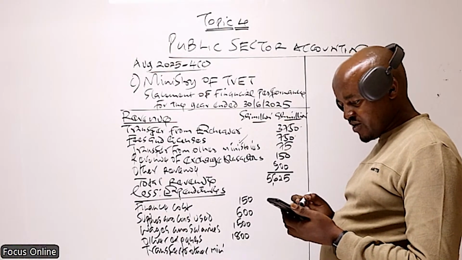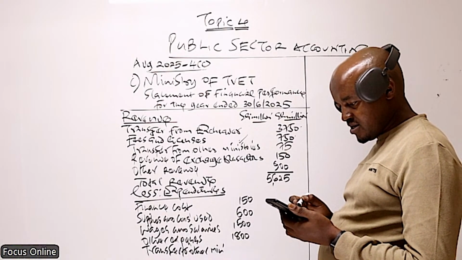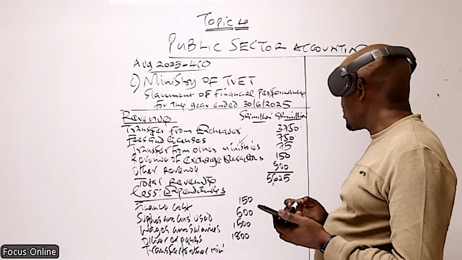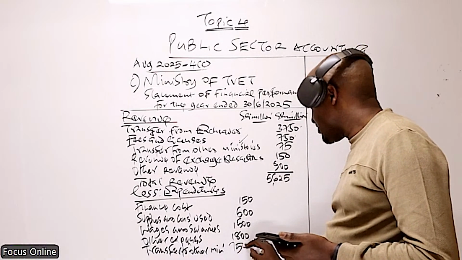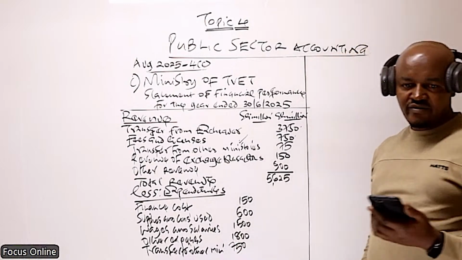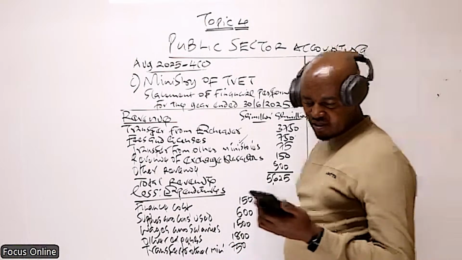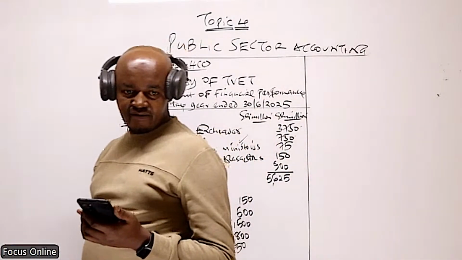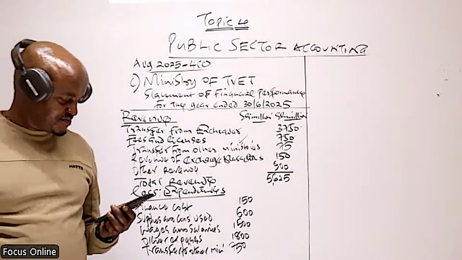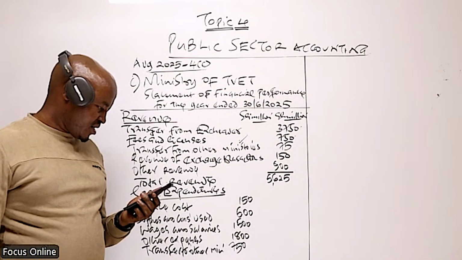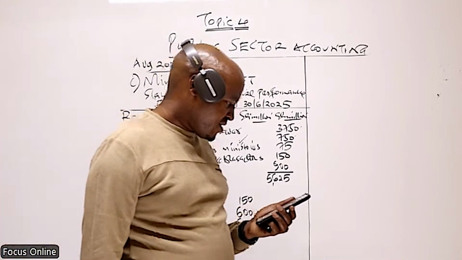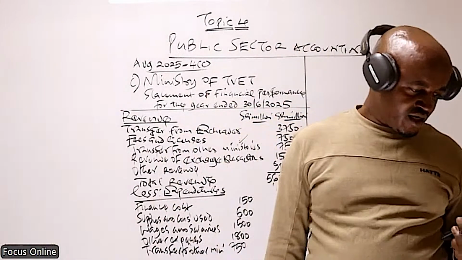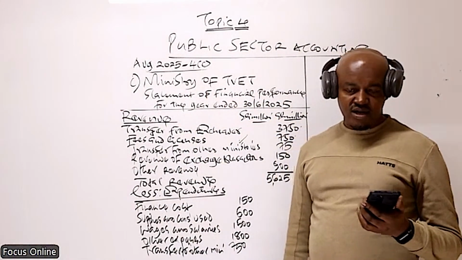That one should be 750, yeah? Is that the position? 750? Yes. So below that we have computer, motor vehicle, land, all those are assets.